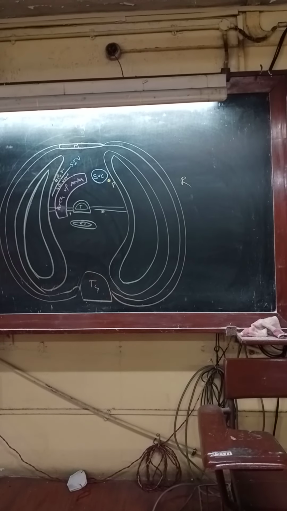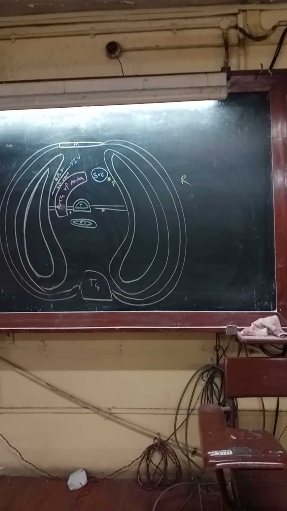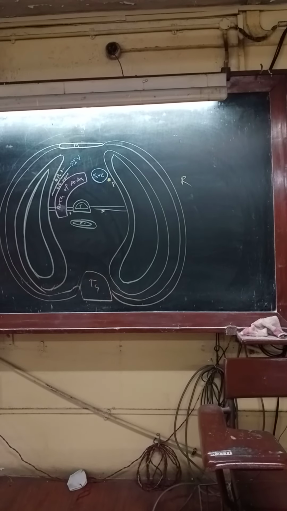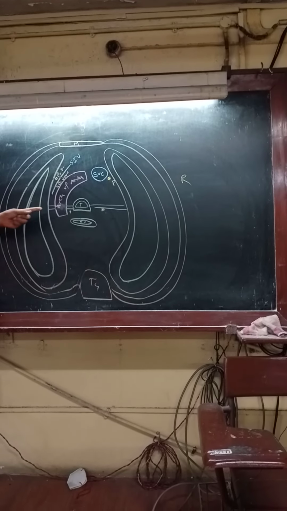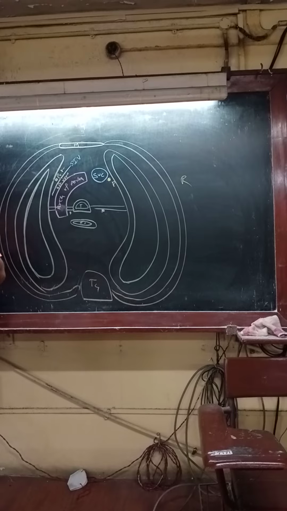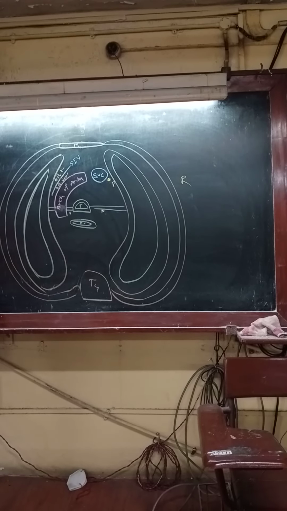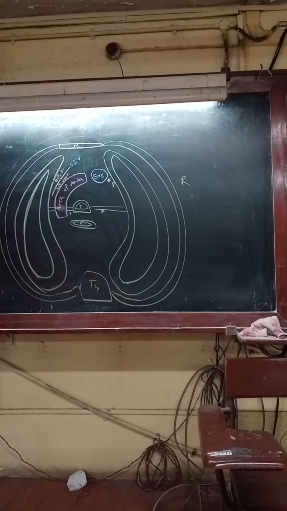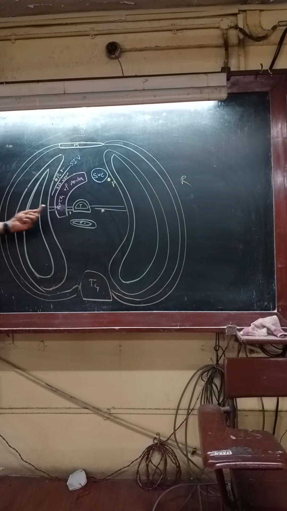And why only left is seen and right is not seen? Because the right shifts up, right does not have any obstacle. Left has an obstacle here in the form of ligamentum arteriosum, the ductus arteriosus, which prevents the upward movement of the left recurrent.